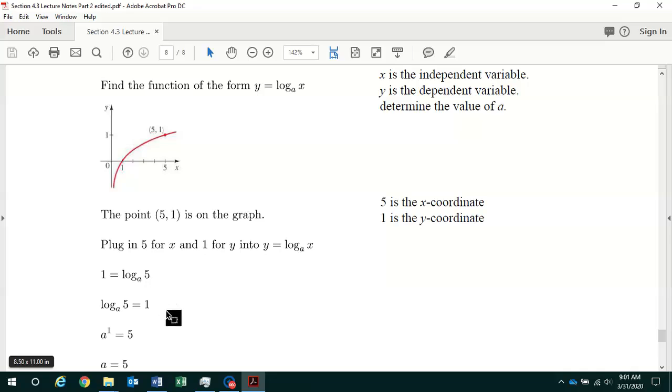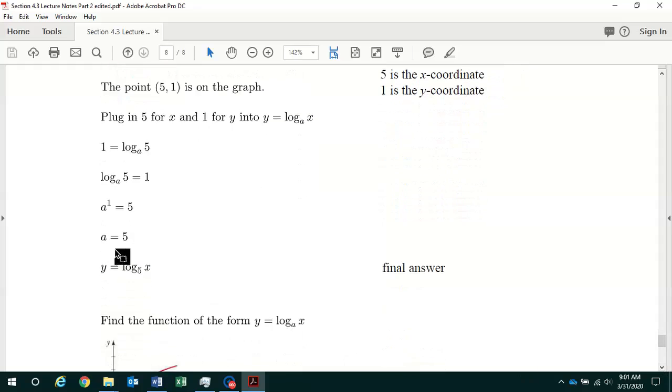1. And now, you know, for every logarithmic equation, there's the corresponding exponential equation. So the exponential equation that goes with this logarithmic equation is a to the first power is equal to 5. Well, a to the first power is just a.